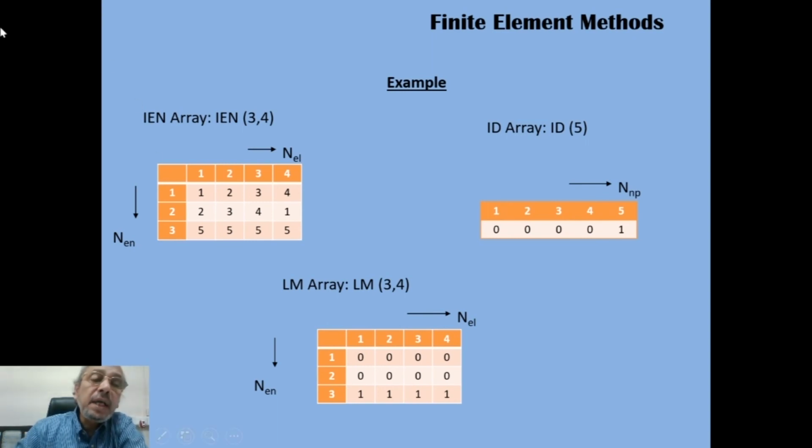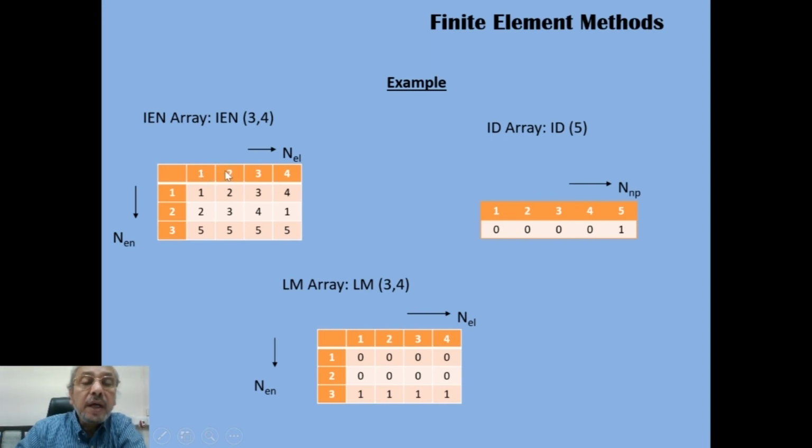If you form the IEN array, this direction is basically the number of elements, and this direction is the number of nodes.